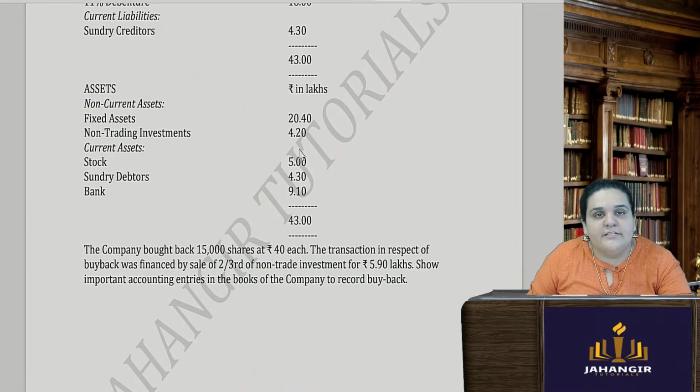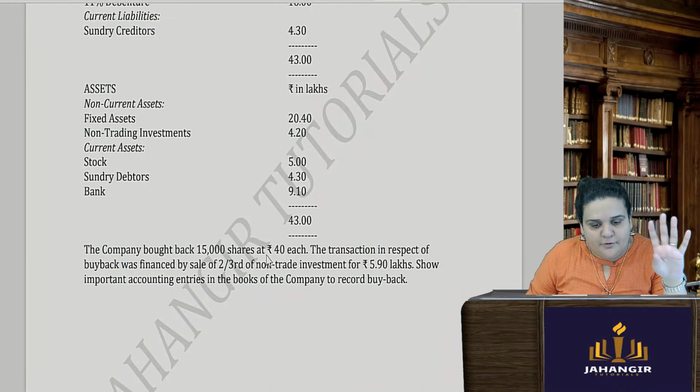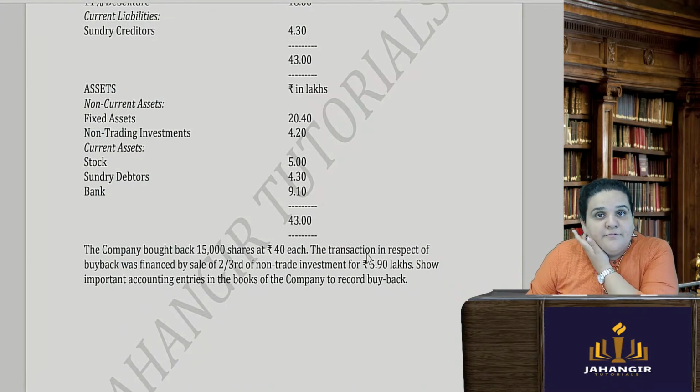We have non-trading investments of 4 lakh 20. The company bought back 15,000 shares at rupees 48. The buyback is financed by selling 2/3 of investments for rupees 5,90,000. Show the important journal entries to record the buyback.